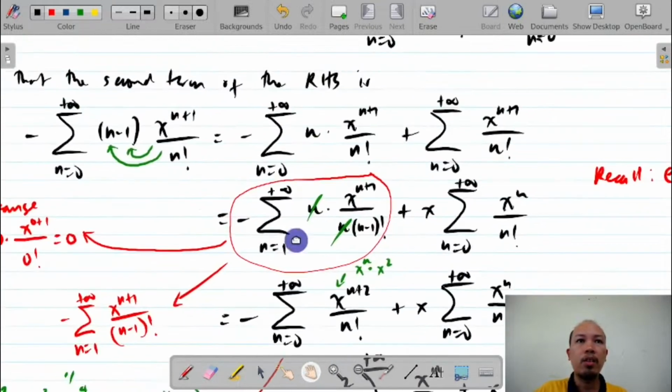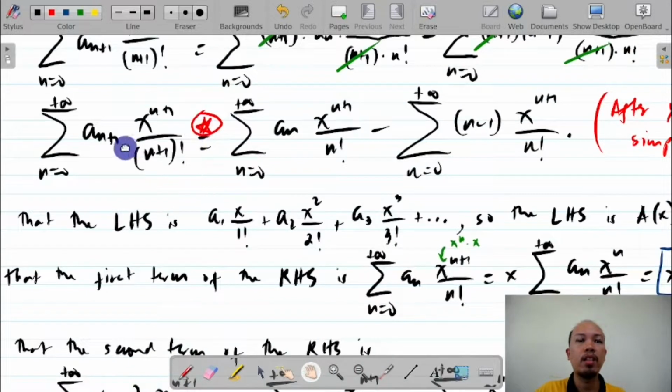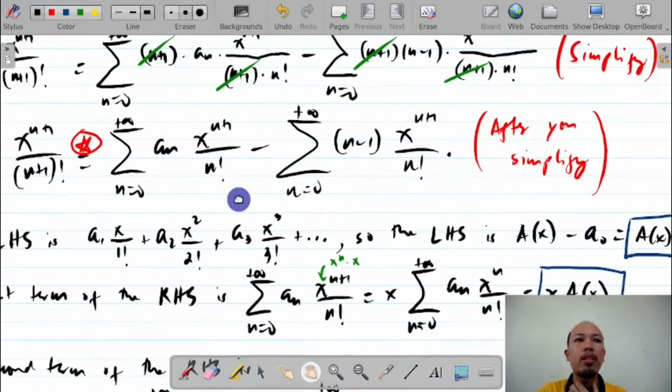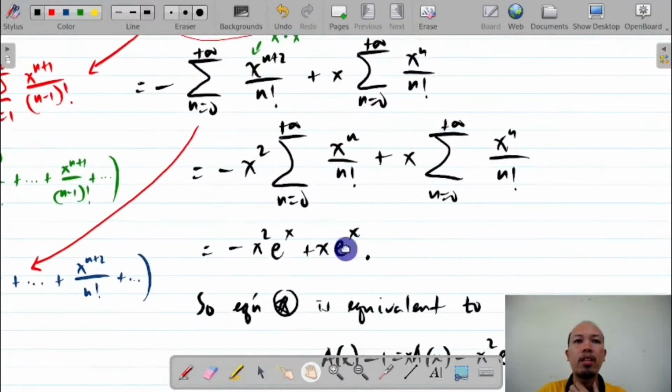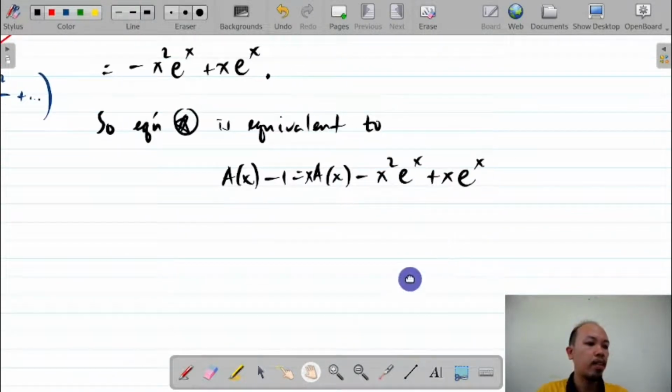Equation star, this one. Just plug in. This is a of x, the right hand side, a of x minus 1. The first term is x a of x, and the second term is this one here. Okay, so let's simplify.